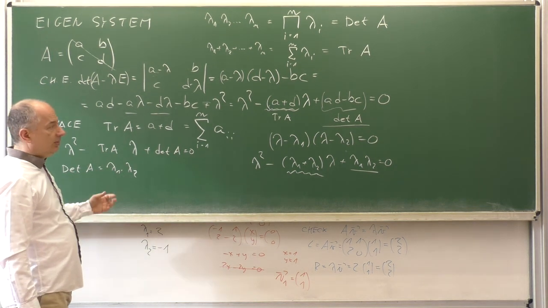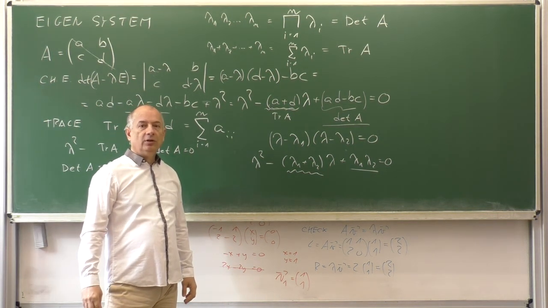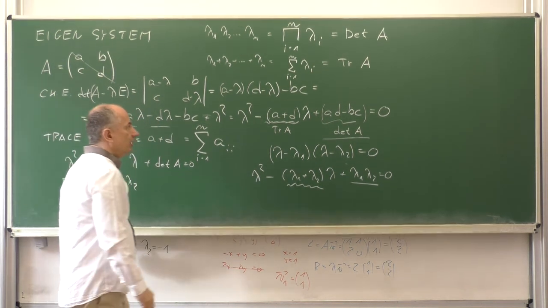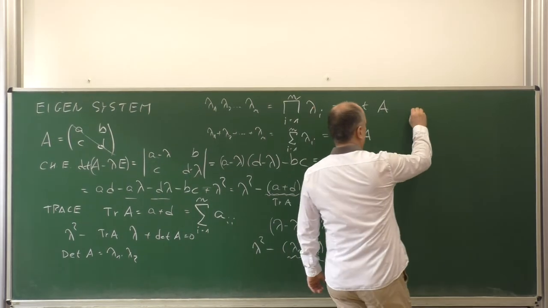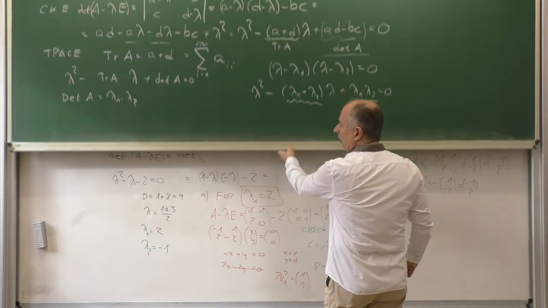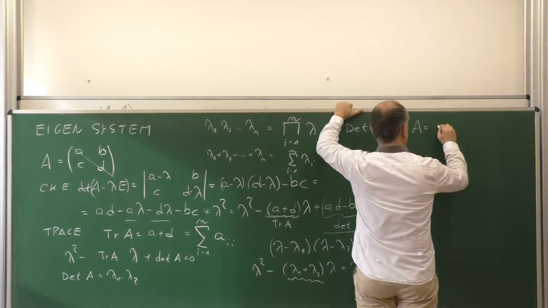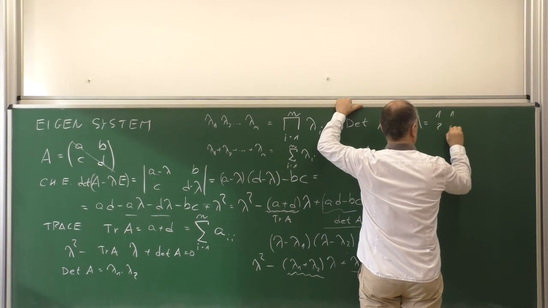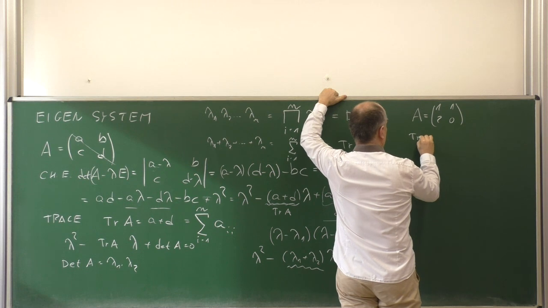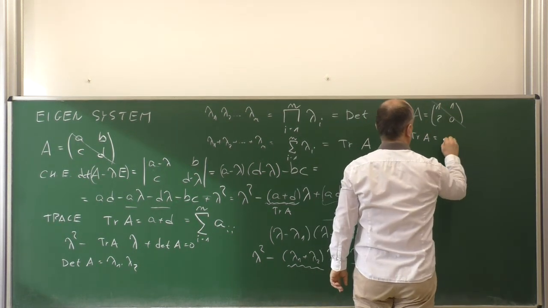So this helps us to build the characteristic equation for a 2 by 2 matrix very quickly. If we go back to the matrix from the previous case, which was 1, 1, 2, 0, then we evaluate the trace, which is the sum of the entries from the main diagonal.